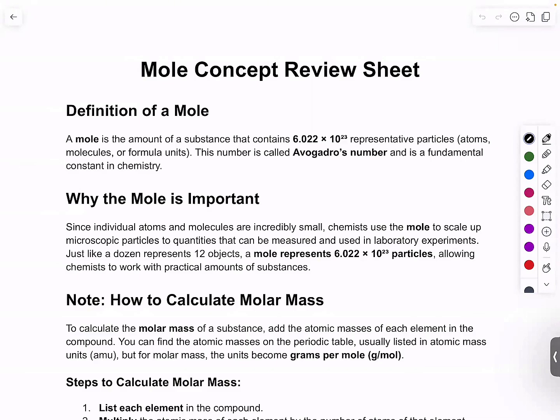Some time ago, there was someone by the name of Avogadro who contributed very much to chemistry and science in general.